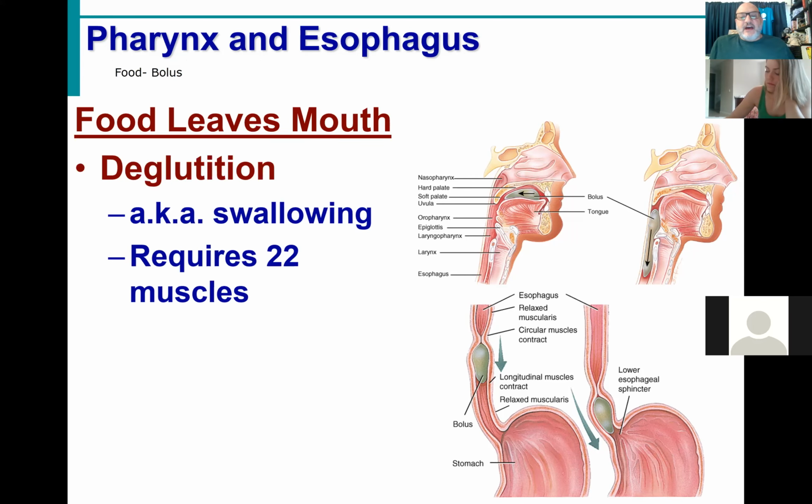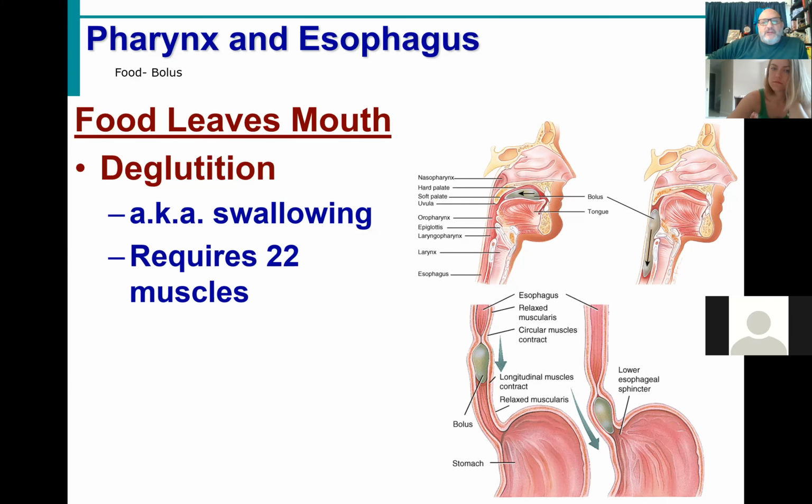Deglutition is a rather elaborate subconscious reflex. What do I mean when I say that it is a subconscious reflex? Part of it is that it is involuntary, absolutely. You could argue that the initiation of it is partially voluntary, right?